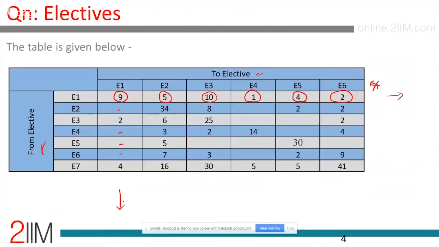So spend some time thinking about this. And so all of these numbers, 9, 34, 25, 14, 9, these are all numbers retained. These many people stayed with that. So 9 people had E6, they continued to have E6. They did not shift out of their elective. Totally, there are 300 students. That's a very interesting data point.